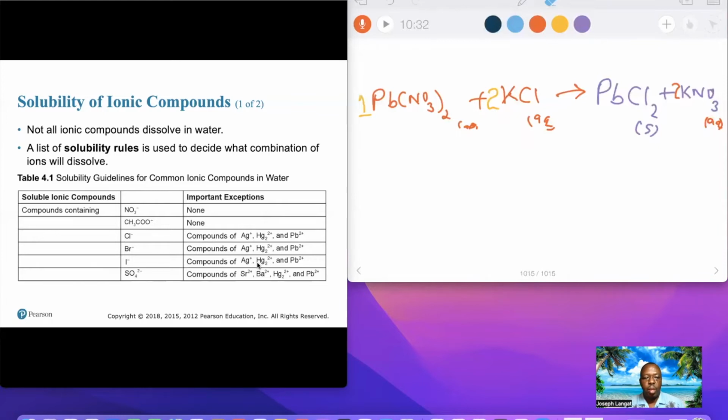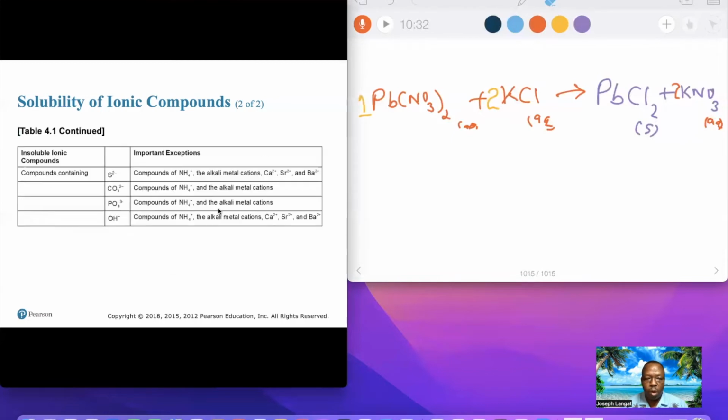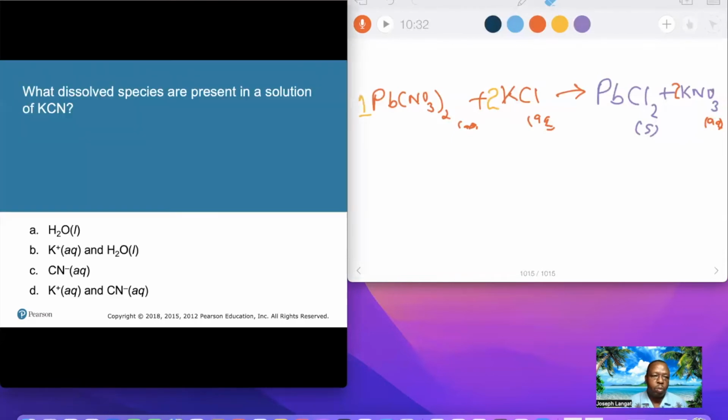So the take-home message is that instead of memorizing these rules, you will use the table I gave you in the exam. Make sure you know how to use it, all right?